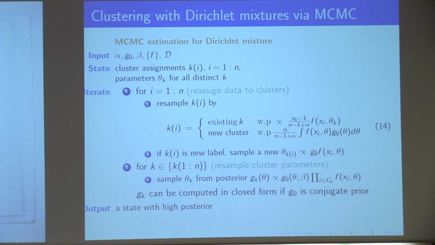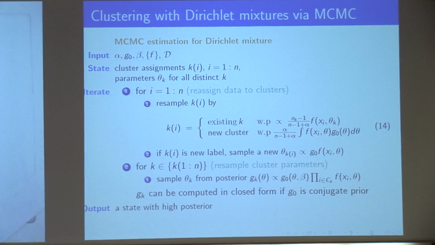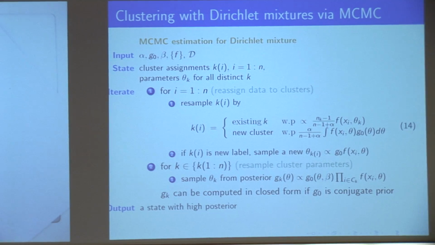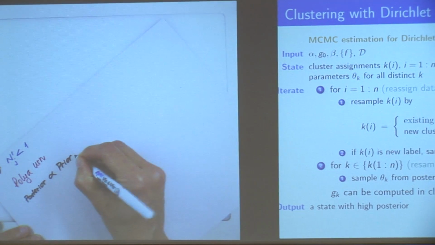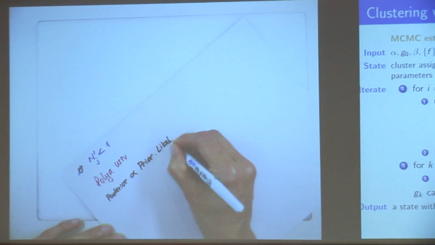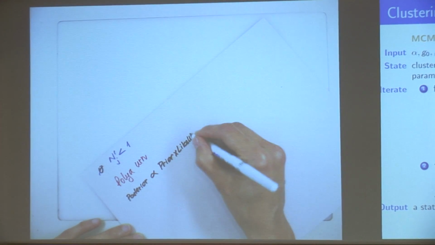Here and in all of Dirichlet process mixtures, I'm going to heavily use the fact that posterior is proportional to likelihood times prior.